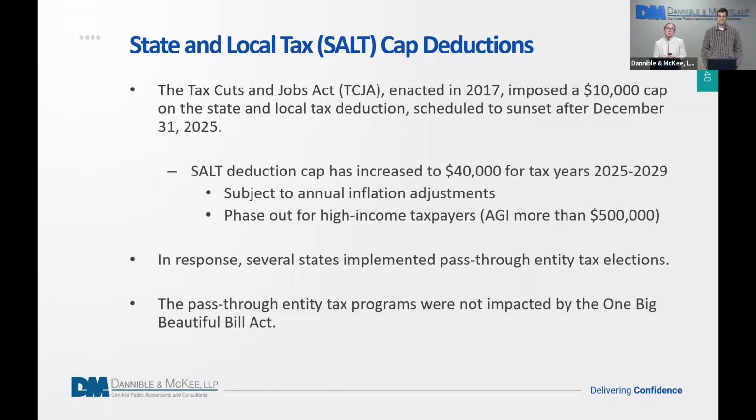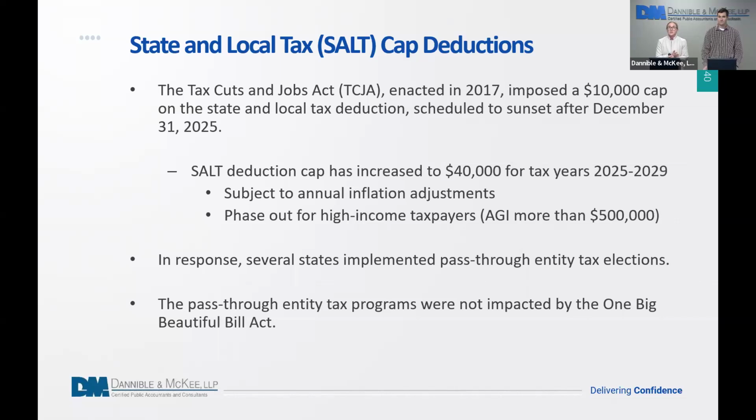Those amounts are subject to annual inflation adjustments, and there is a phase out for high income taxpayers. So if your adjusted gross income is more than $500,000, you would be scaled back on your SALT cap deduction, though never below the $10,000. So if you're above that $500,000, the most you'd be scaled back to is $10,000.